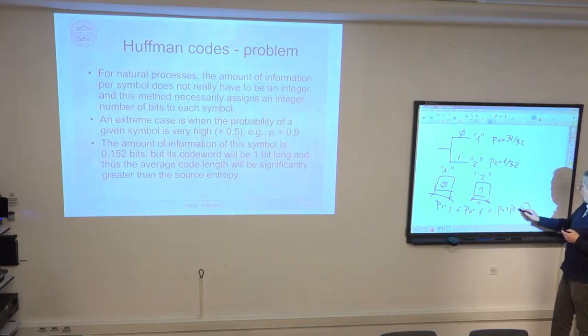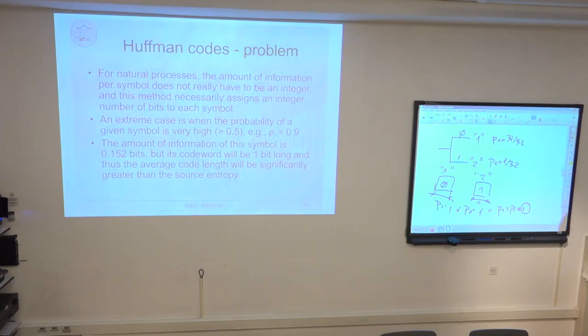So the average coding length is 1 bit per symbol. We cannot encode this better than 1 bit per symbol, whatever I try. But what is the entropy? The entropy is much lower than 1 bit per symbol.